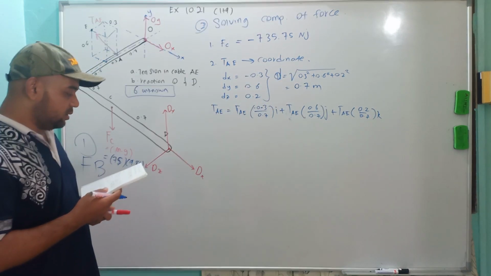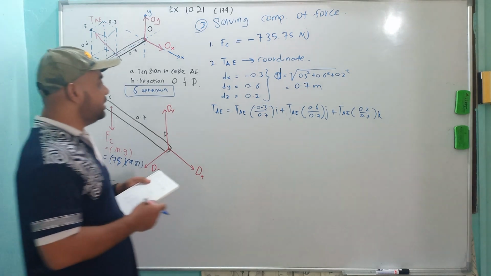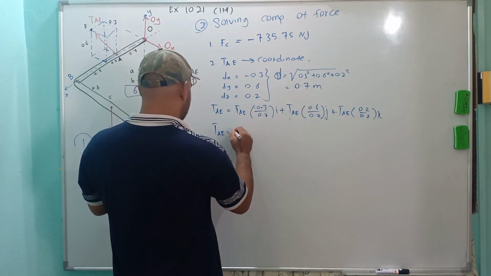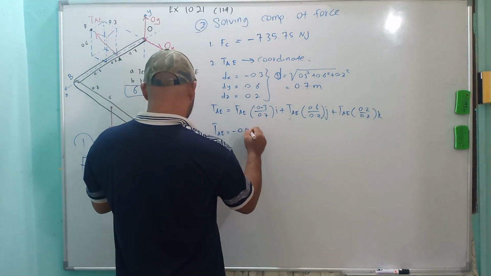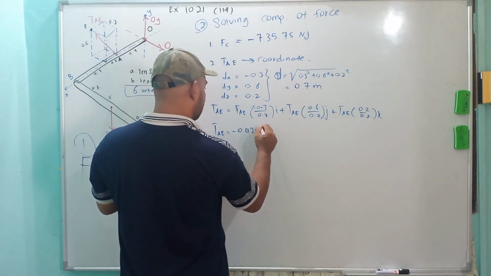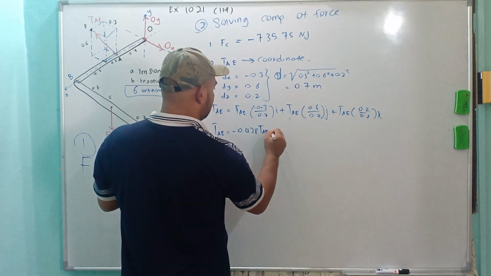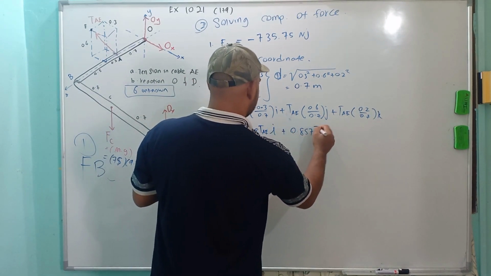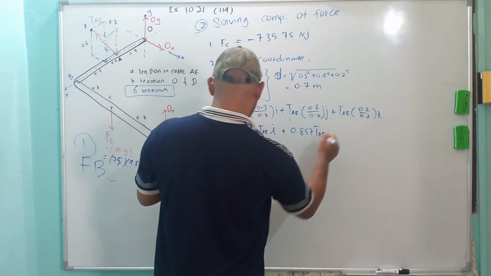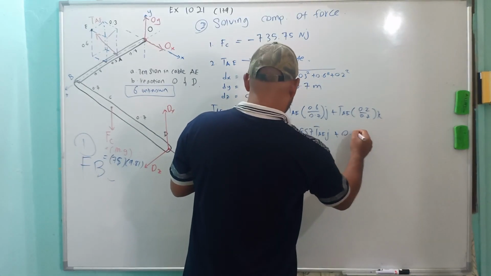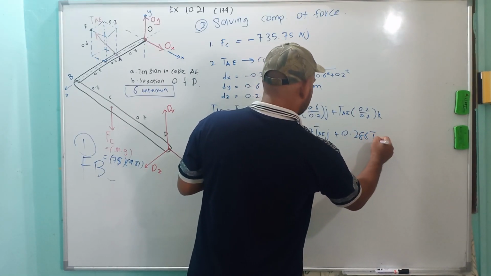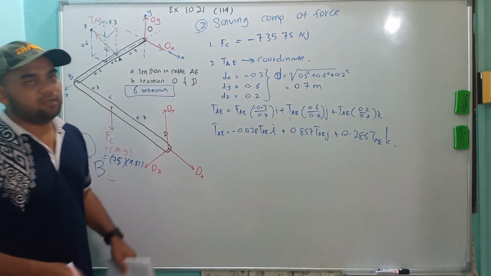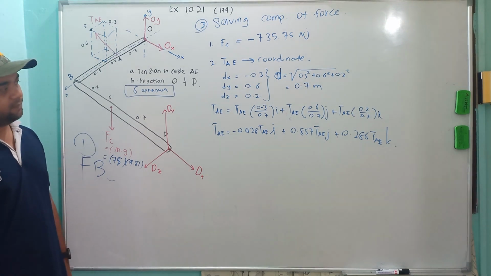Okay, so that's one for TAE, and then you will have TAE equal to negative 0.428 TAE i plus 0.857 TAE j plus 0.286 TAE k.